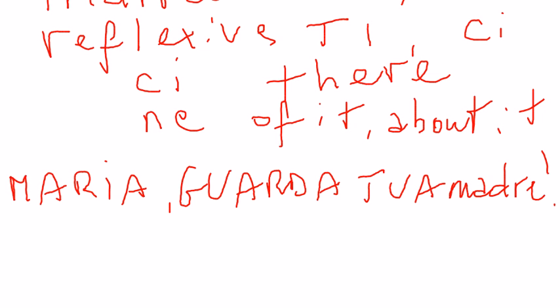So if I say something like that, we understand that we're using a tu command, guardare, and we follow the verb guardare with the direct object. Maria guarda, watch whom? Your mother. How would I replace the direct object, your mother, with a pronoun? Well, it's very easy. Here is your mother, Maria, watch her.